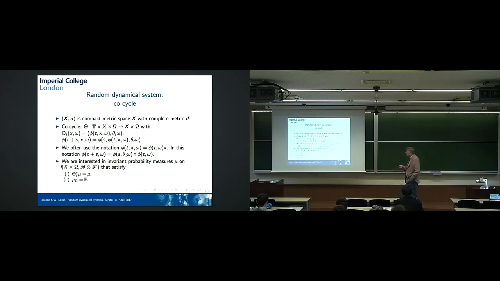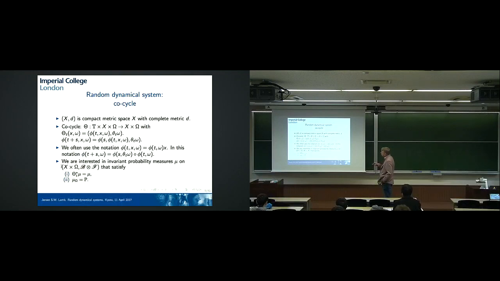And then on top of that, we build the cocycle. We assume that we always deal with a compact metric space, just to make life easier. Tomorrow we'll look at cases where we don't necessarily have a compact space. For a compact metric space, of course, we like to have convergence there.